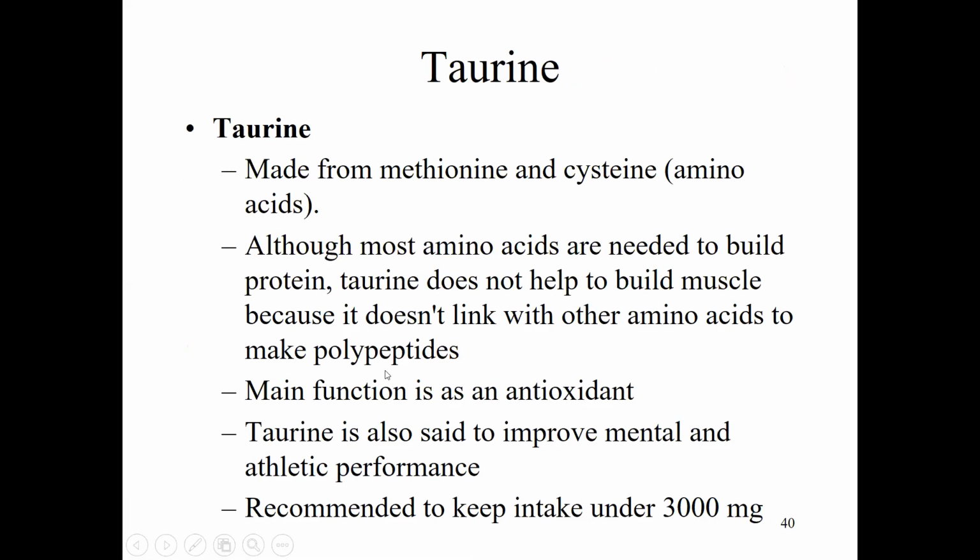We actually mostly use taurine as an antioxidant, and a little bit of research, not very conclusive, said it might improve mental and athletic performance. It's recommended to keep intake under 3,000 milligrams, but it's not an essential nutrient, so we don't have specific recommendations about it.